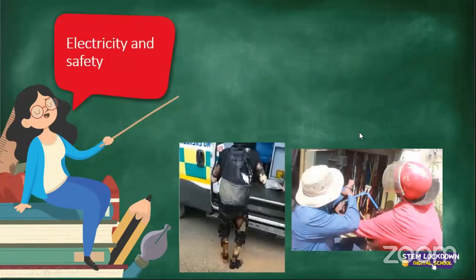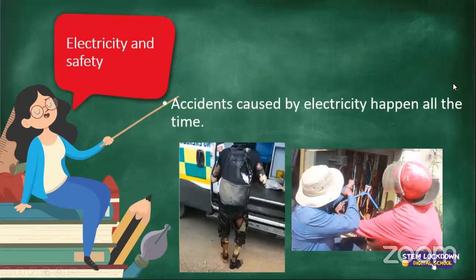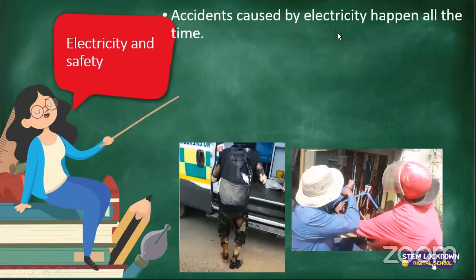Now let's discuss electricity and safety. Accidents caused by electrical problems happen all the time. Should there be an electric shock while you're trying to connect electricity to avoid paying Eskom, then accidents will happen.